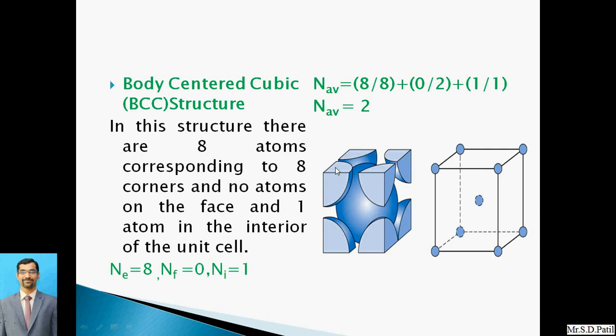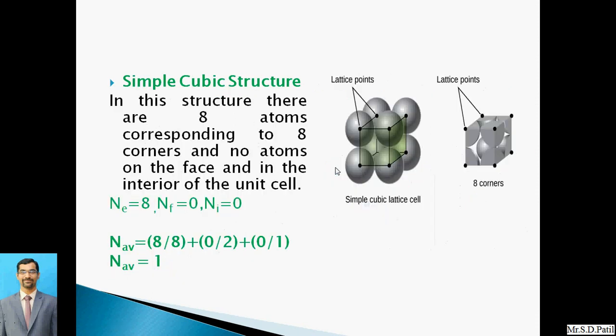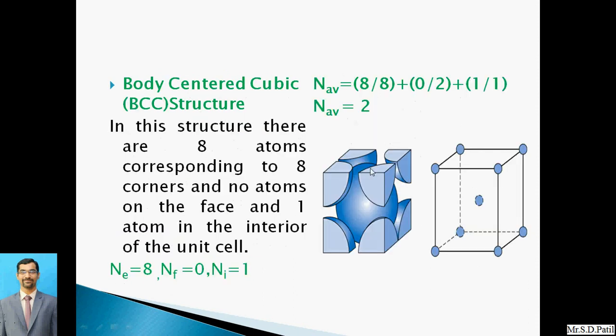What is the difference between simple cubic and body-centered cubic? This is the simple cubic structure and this is the body-centered cubic structure. There is only one difference: along with the corner atoms, there is one centered atom, one interior atom.